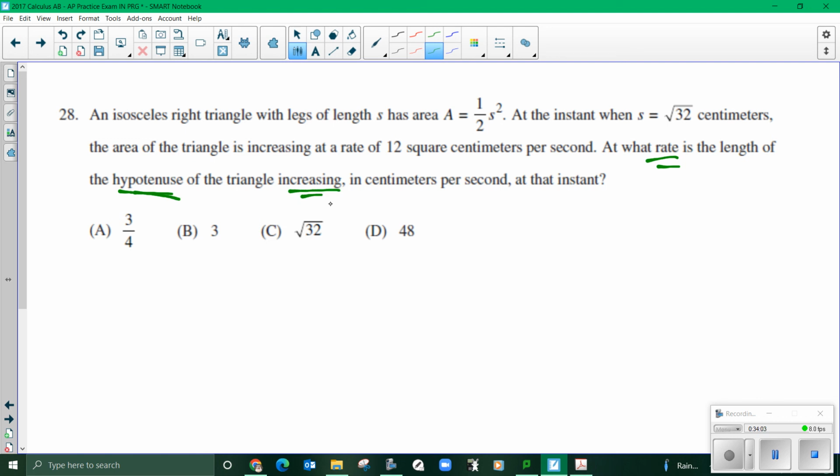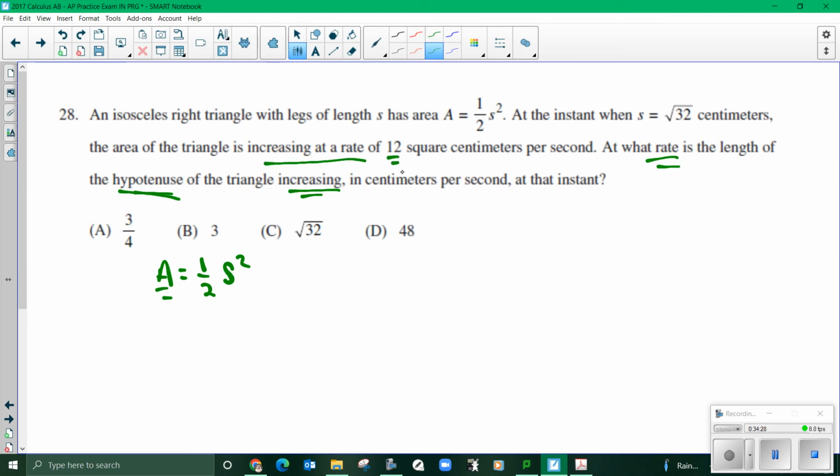But I need to do that with what they gave me. So area equals 1/2 of s squared. Now, at the instant s is the square root of 32, the area of the triangle is increasing at a rate of 12 square centimeters per second.